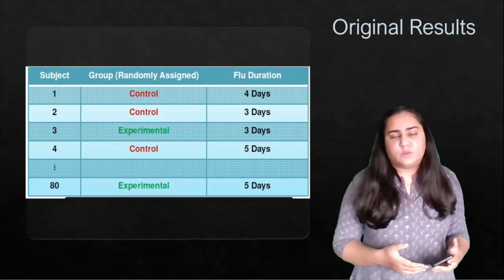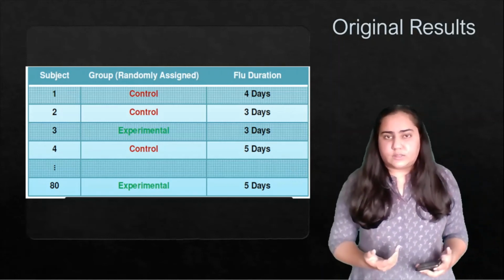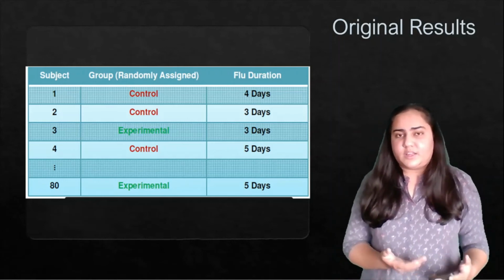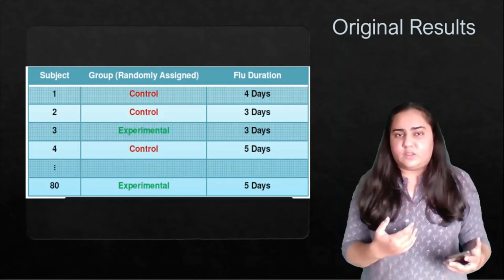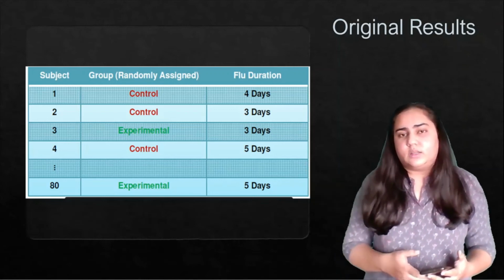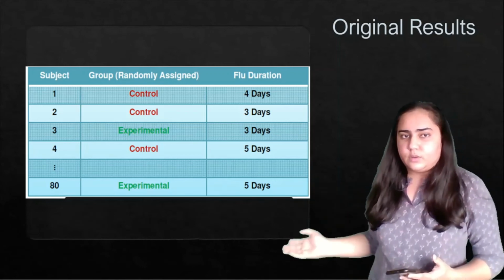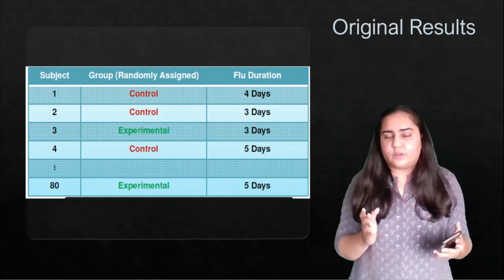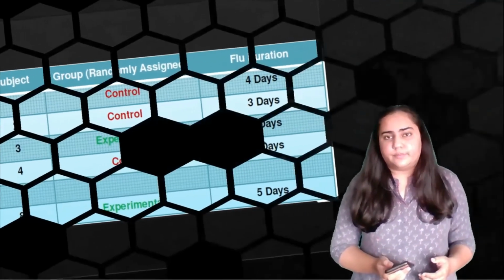The second volunteer was also in control group and experienced symptoms for 2 days. The third one was in experiment group. That means this person was given the real medicine and he or she experienced the symptoms for 3 days. And so on. Like that, we have a list of our original results for all 80 volunteers.